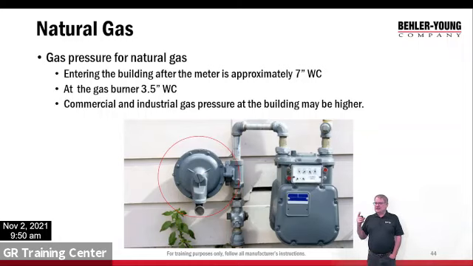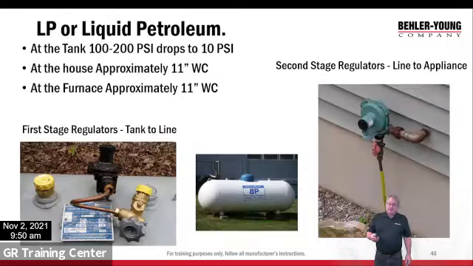Entering the building, typically at a house, is what's called 7 inches, 8 inches of water column. At the appliance, generally we're regulating it down to 3.5 inches of water column. Again, we'll get into what all that means. Commercial buildings, sometimes we can be a little bit higher coming into the building, but we're going to do the same thing with it. Now, propane, remember that propane tank out in your yard?